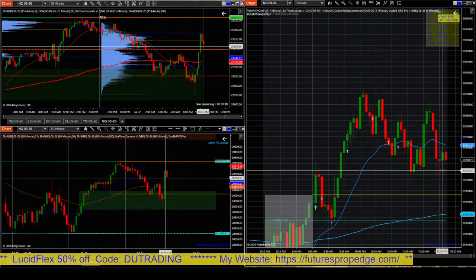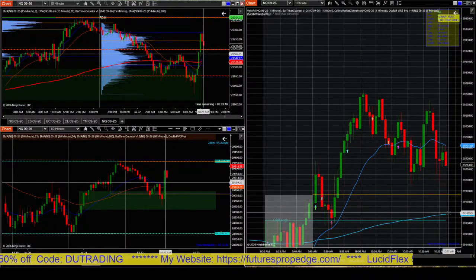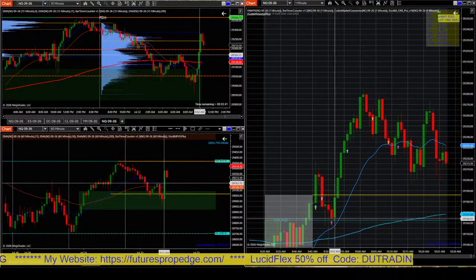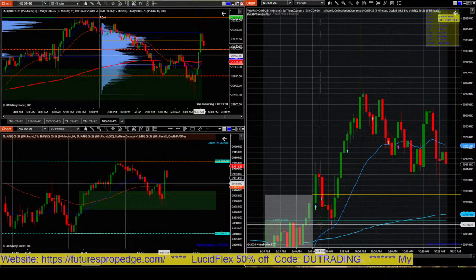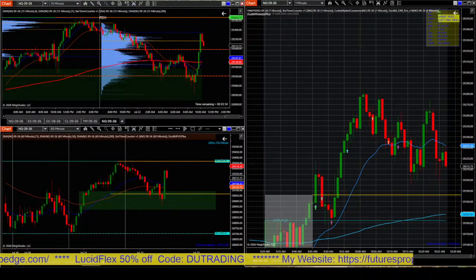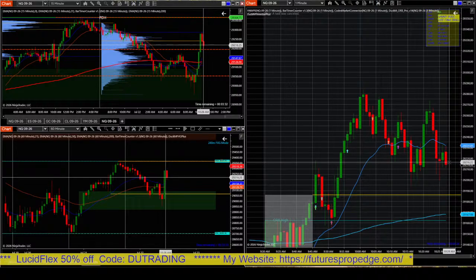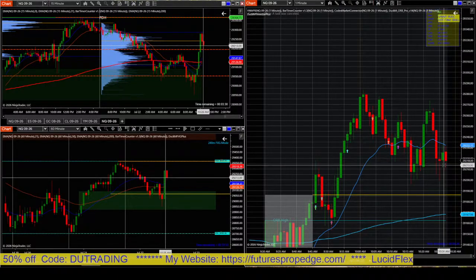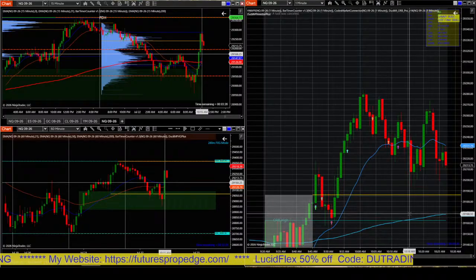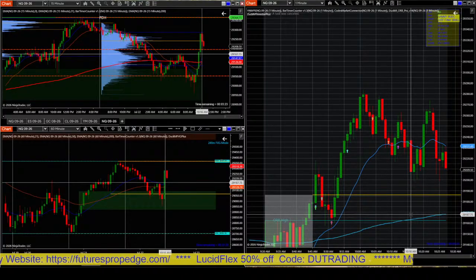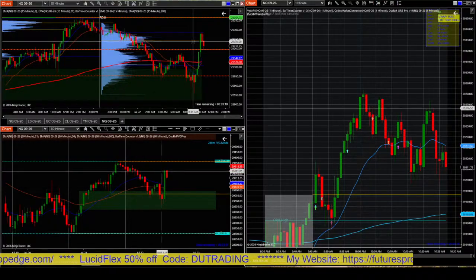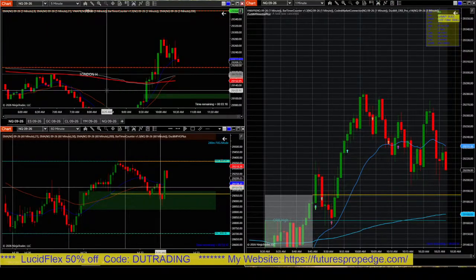However, you are down there. We have not come back for a while now. We have not touched it up. Don't be surprised if you come and test that 29,170 area, which is also close to the London high, I believe.